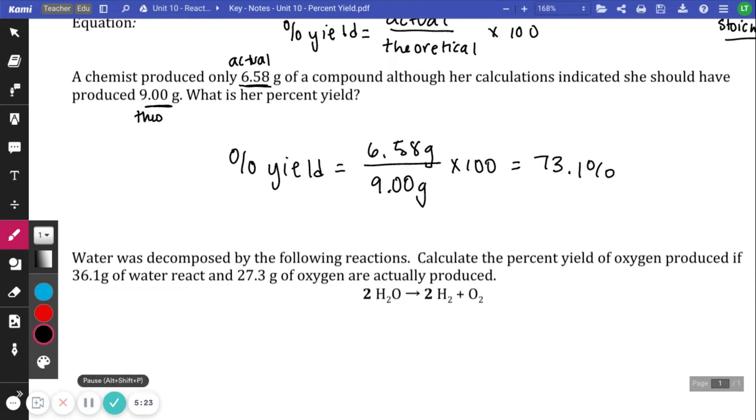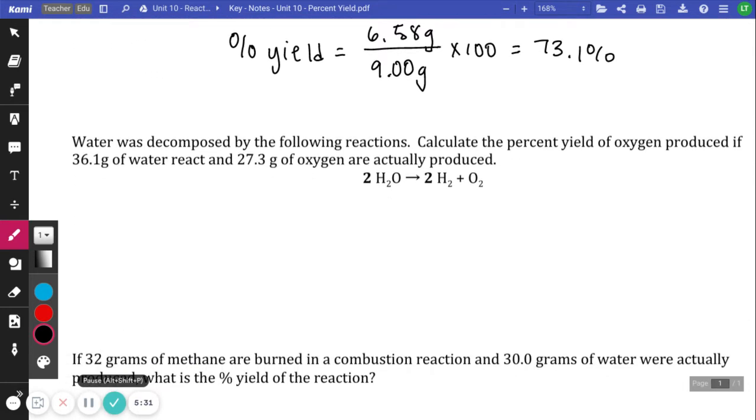Okay, so that one is nice and straightforward. It gave us the actual, gave us the theoretical. So now let's look at our next one. It says water was decomposed by the following reactions. Calculate the percent yield of oxygen produced if 36.1 grams of water react and 27.3 grams of oxygen are actually produced.